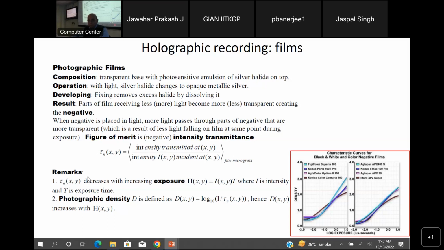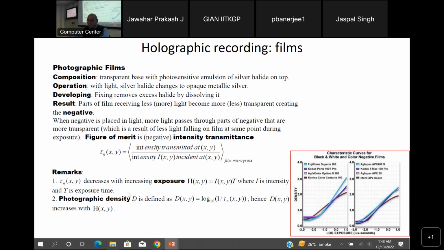So the bottom line is, this transmittance decreases with what's called increasing exposure. That means more light fell, more silver nanoparticles, therefore a darker region, therefore the transmittance will become lower for that negative. And there is some standard terminology that's used. One is called the H. H is the product of the intensity falling times the time of the exposure.